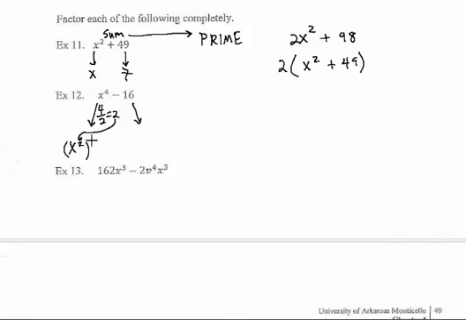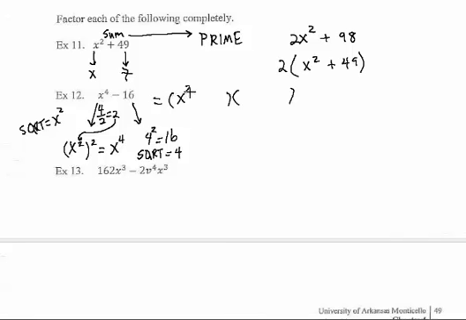So x squared squared equals an x to the fourth. So our square root of this x to the fourth equals the x squared. 16, it's real simple. 4 squared equals a 16. So our square root equals a 4.